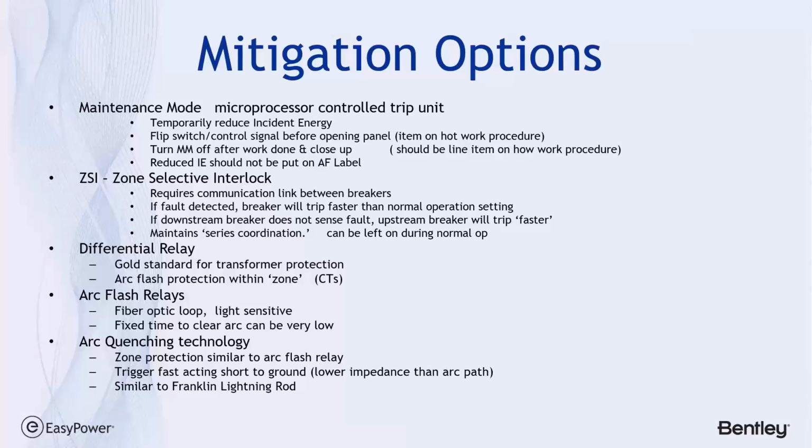These are primarily technologies that became available when the trip units were designed to incorporate microprocessor controls. Maintenance mode temporarily reduces the incident energy by reducing the trip time when a fault current is sensed by a protective device. It's controlled by an on-off switch either on the front panel or a control line through the back panel of a breaker.